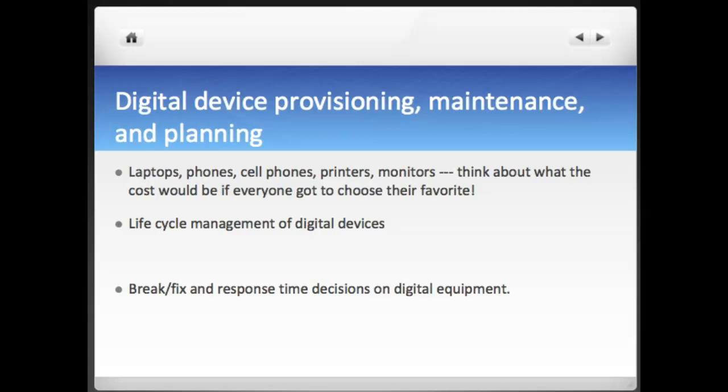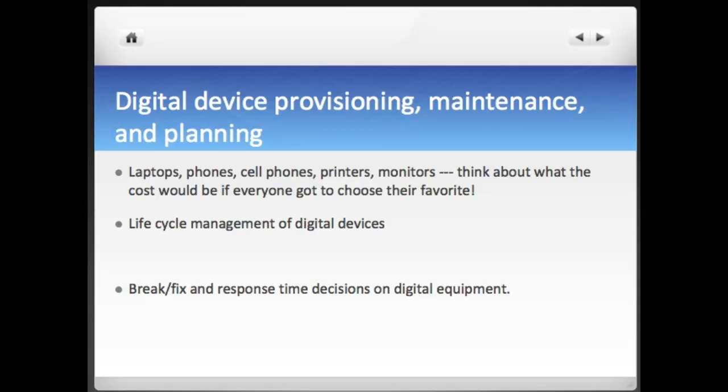So IT is the gatekeeper on digital devices and will tell you what you can use. They also then handle the life cycle management. So how often do those devices need to get replaced? Well, they understand how long they last, right? In the industrial setting, your cell phone may last 3 years before it is out of date, it can't upload apps that the company needs you to have, right?